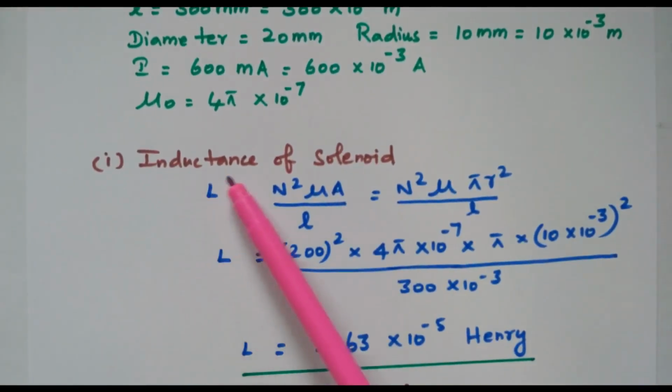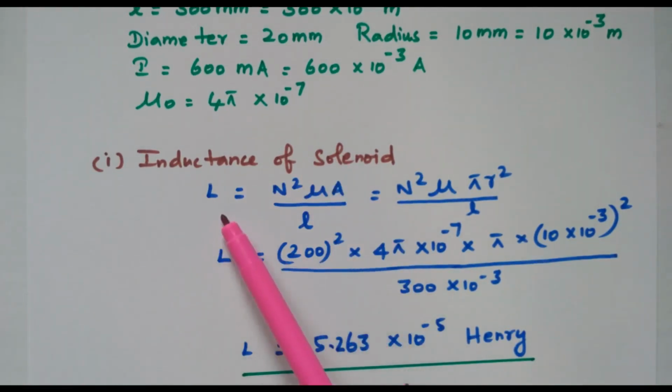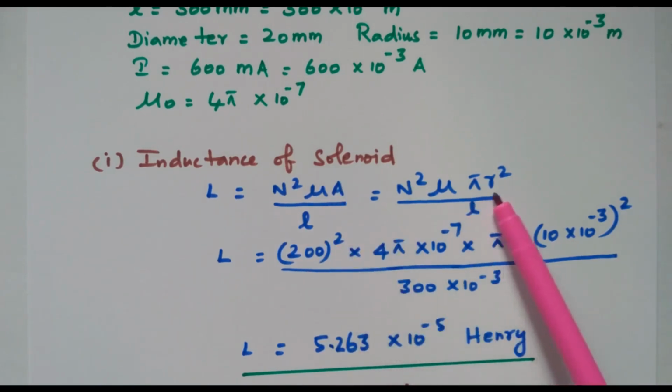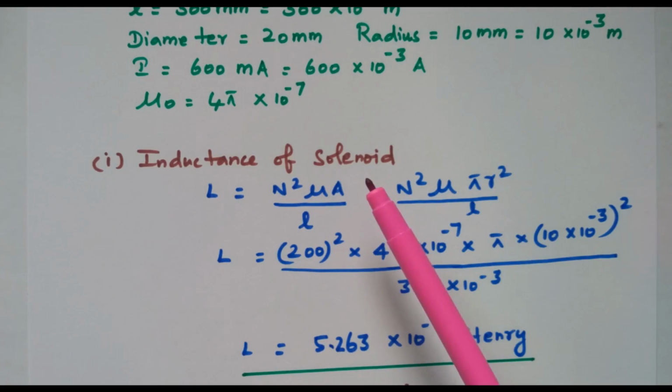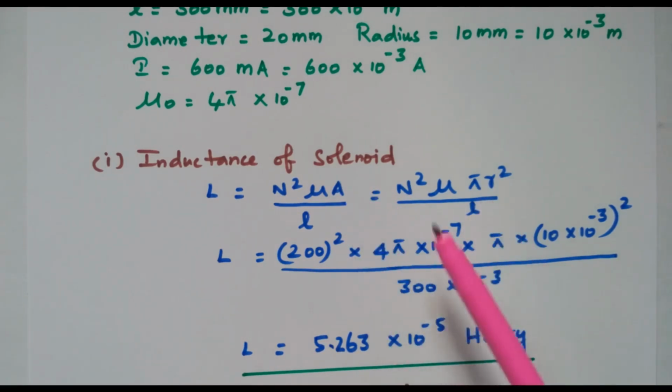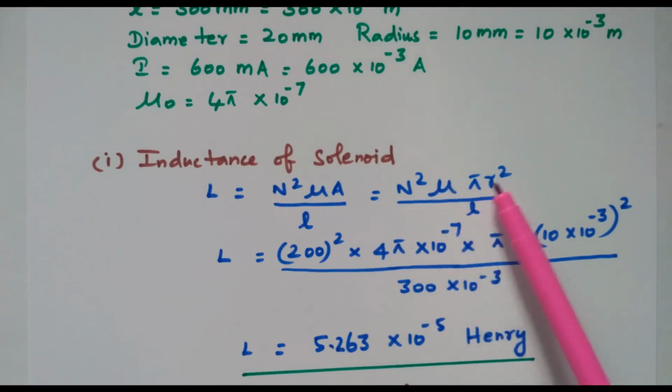So the inductance of the solenoid is L equals n square mu A by l. Inductance of a solenoid, just now we discussed, is n square mu A by l, right? This A is nothing but pi r square because we have the radius available. So n square mu pi r square divided by l. Now we'll substitute all the values.